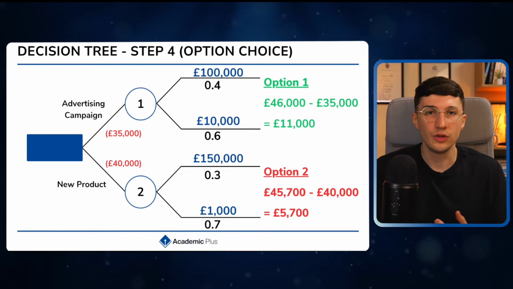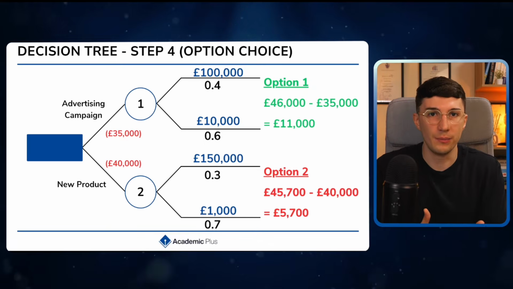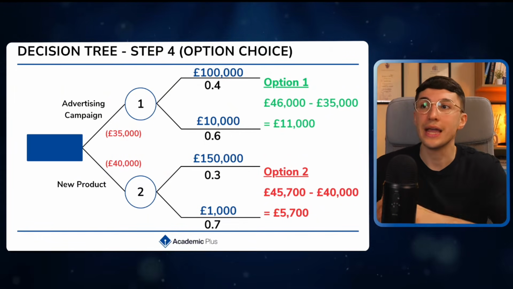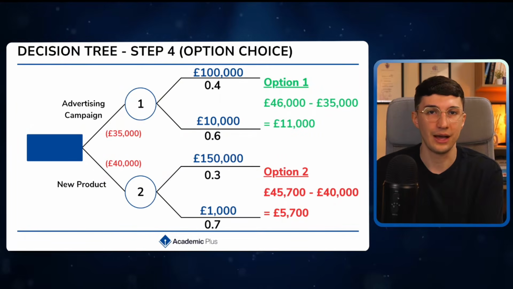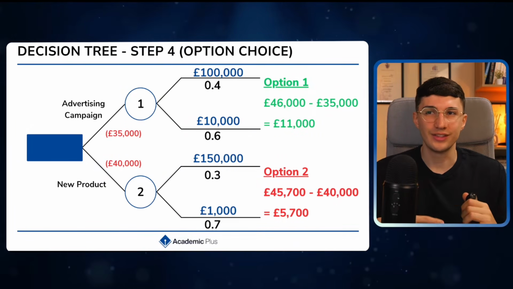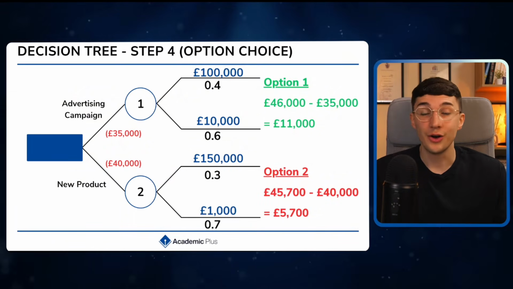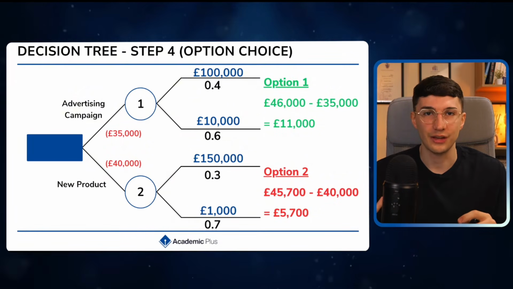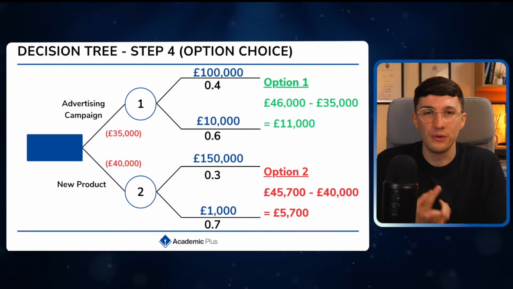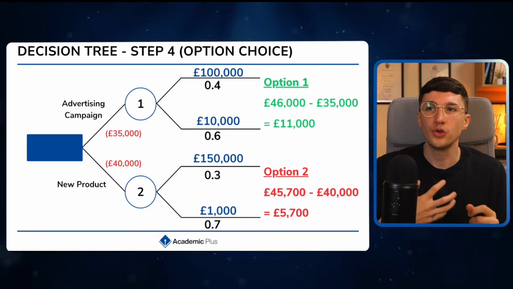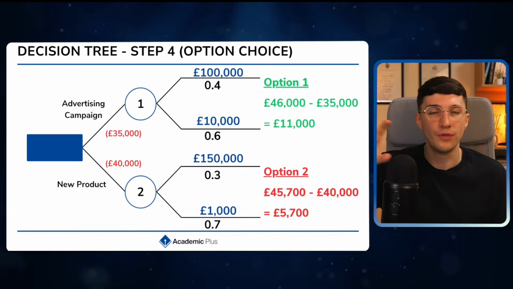But we want to factor in the risk: there is a lower probability of the new product being successful in comparison to the advertising campaign. The other thing to know is that these are just estimates. We are just thinking, well, we may get £100,000 if it is successful, and we are just predicting that it will be 40% successful. So when you are evaluating it, make sure you're looking into the reliability of those estimates.